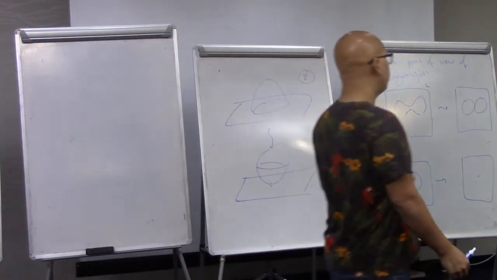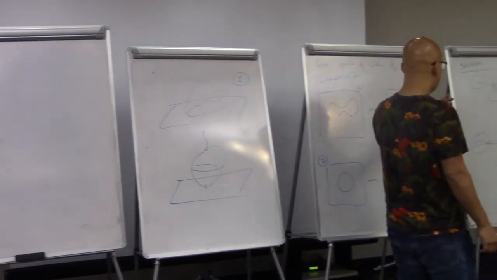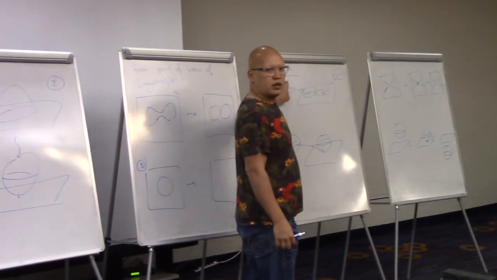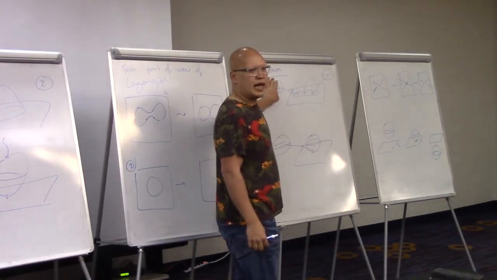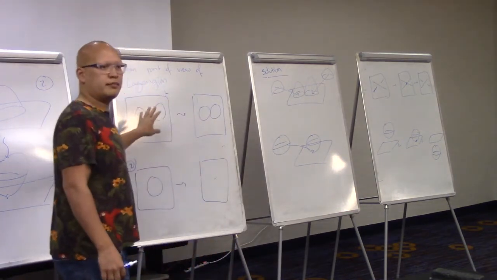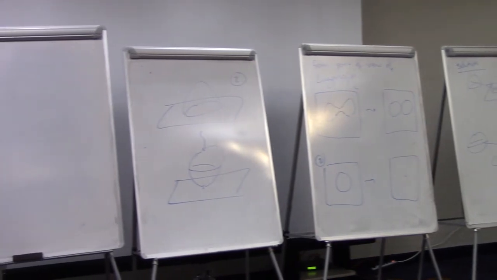Something to observe. If you compute the topological Euler characteristic of the source of this other family, it is 1 less than of this original one. Okay, good.